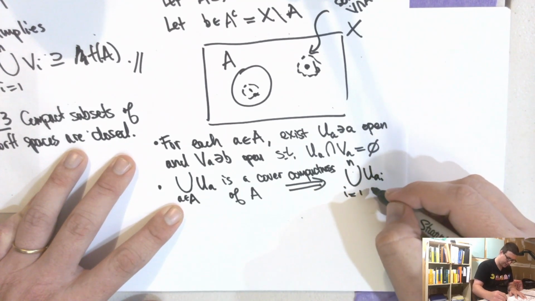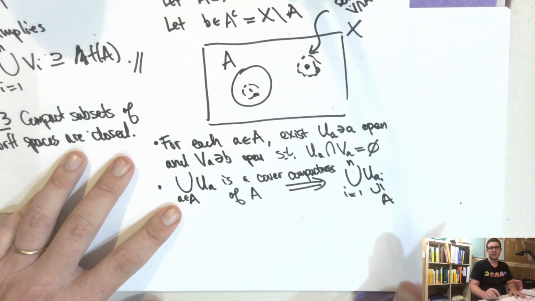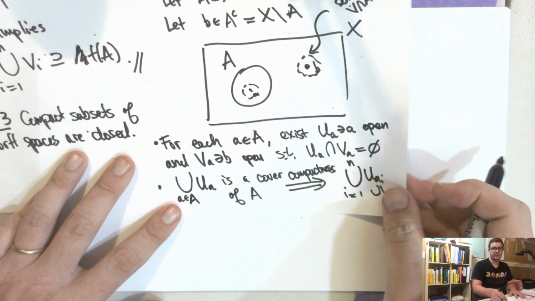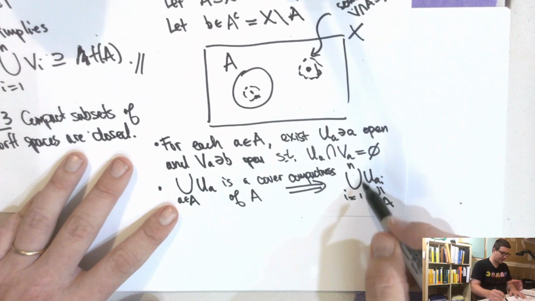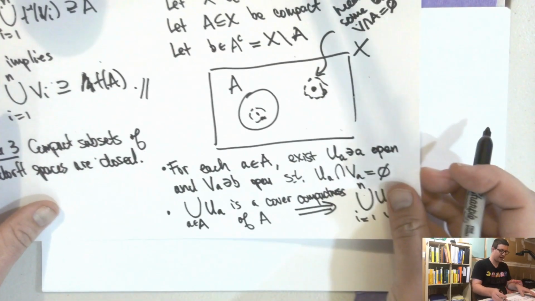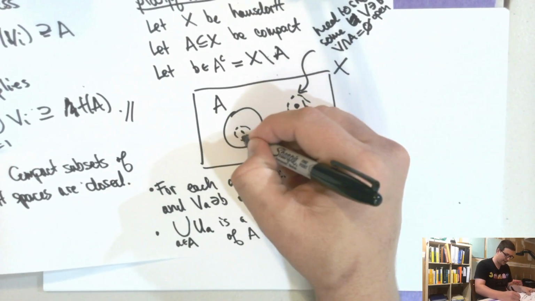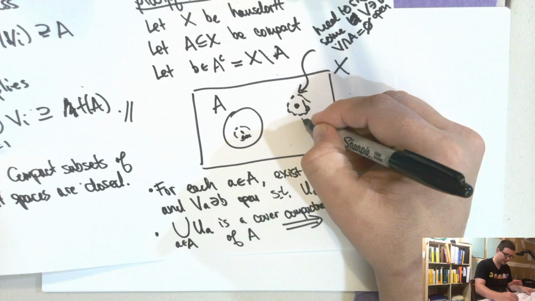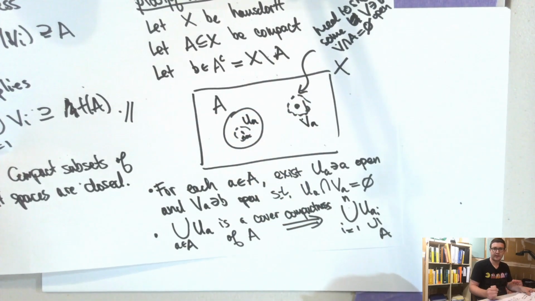So this thing also contains A. Okay, so we have this finite subcover. And for each of these a_i, we also have a V_i where it's disjoint. So if this is a, this could be V_a, and this could be U_a here.